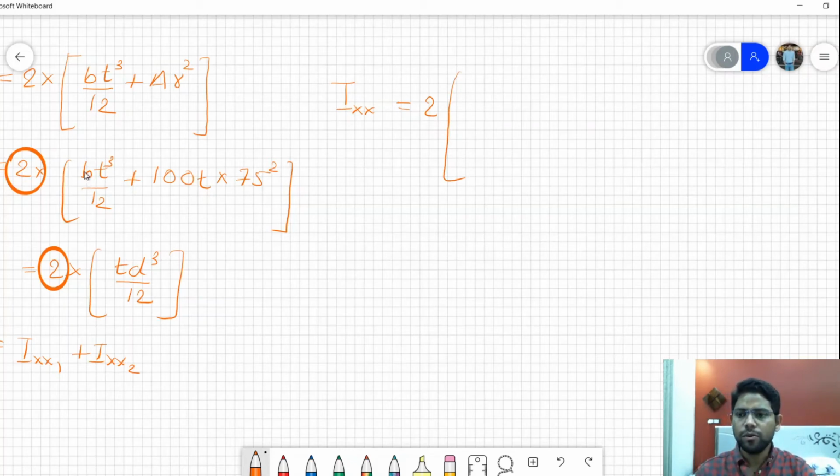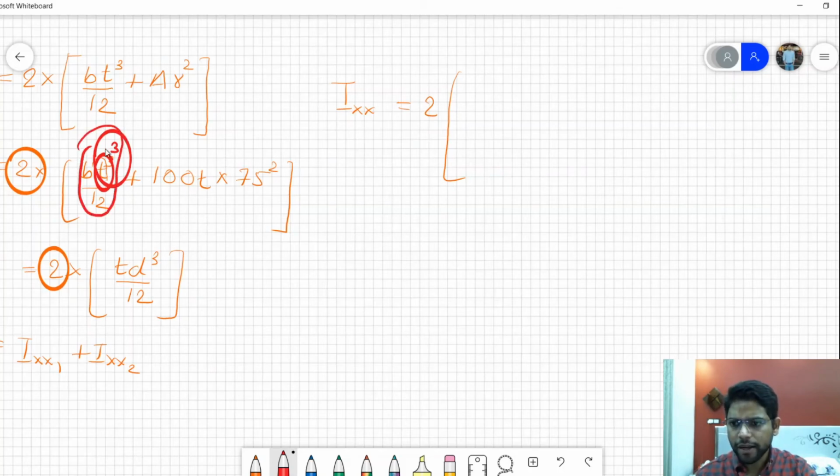As I told you, this t is a very small quantity, and the cube of this quantity will be even smaller. That's why we are going to neglect this term bt cube by 12 for ease of calculation.